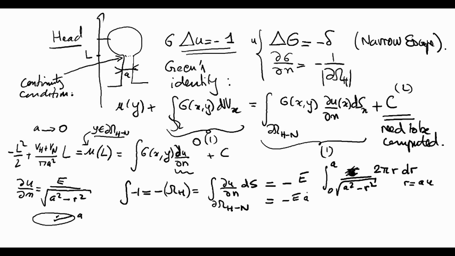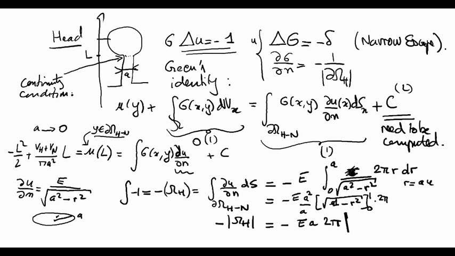So in that case we get A squared divided by A, and we have to integrate this, so this is u over the square root of 1 minus u squared, which has to be integrated between 0 and 1, and we are left with 2 pi. So finally this is equal to minus A 2 pi, and at 1 this is 0, so that's it, and this is equal to minus the volume of the head.